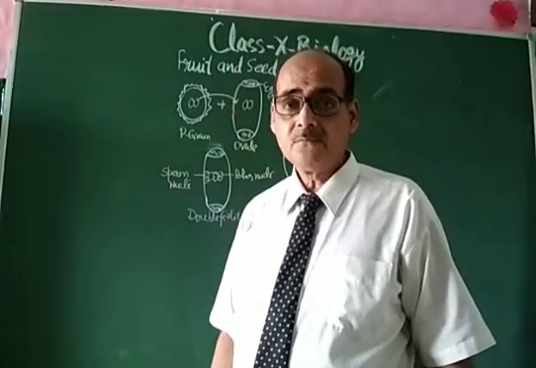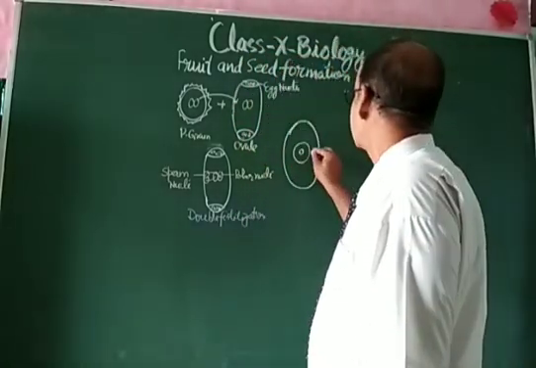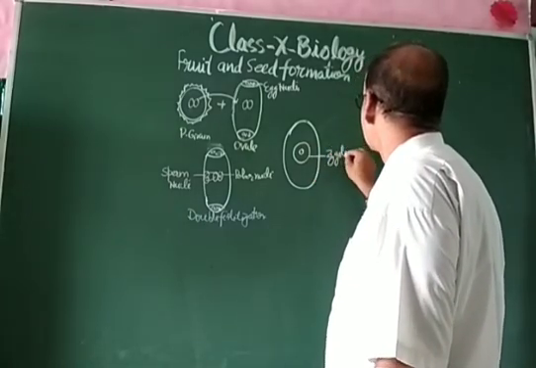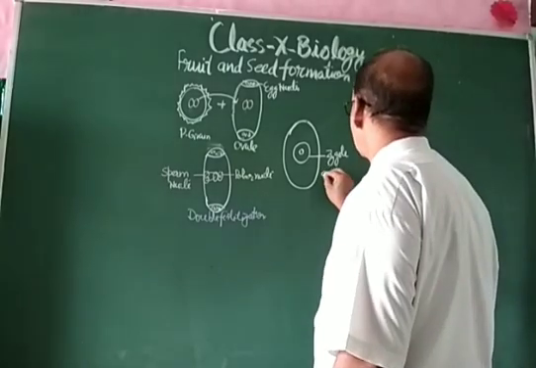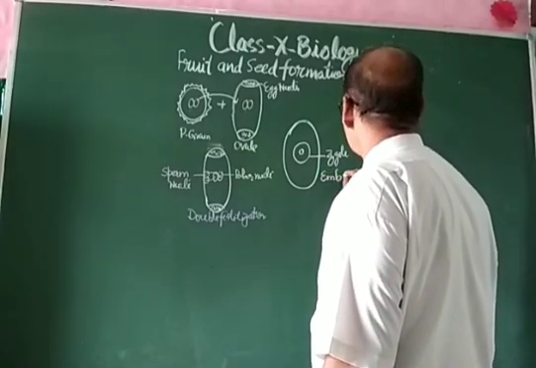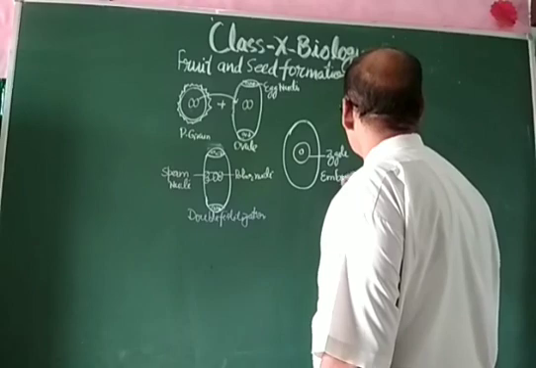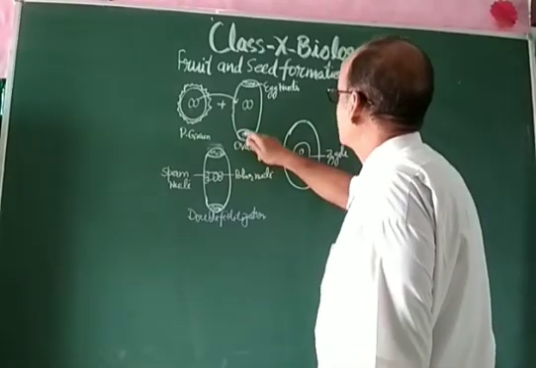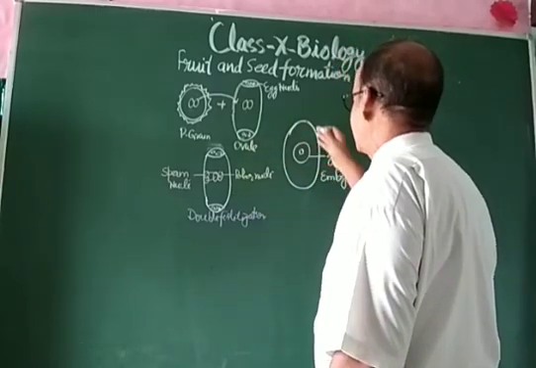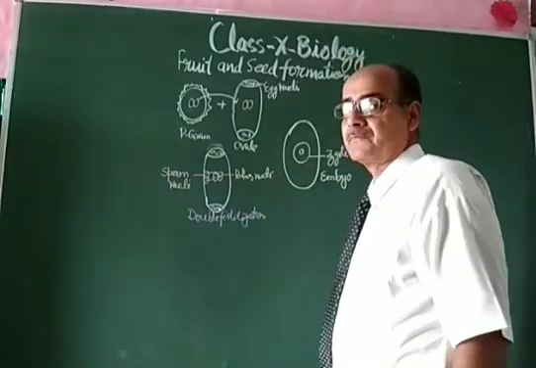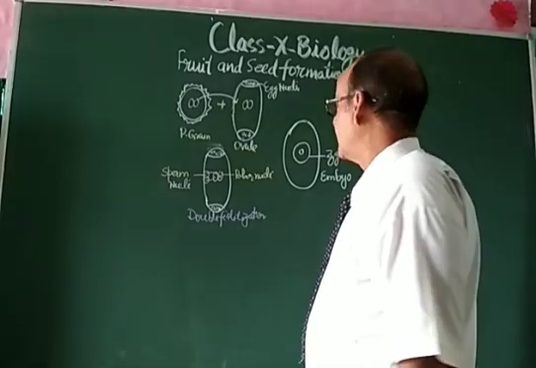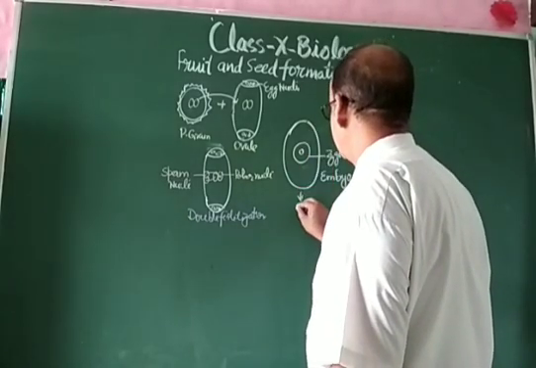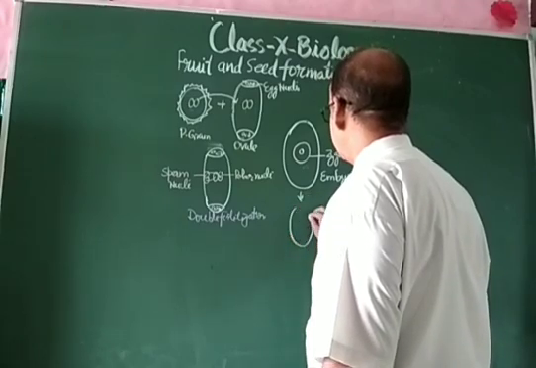So this will be the zygote or embryo. It will develop into the embryo with the support of these nuclei, which provide nourishment, and it gets converted into the seed.